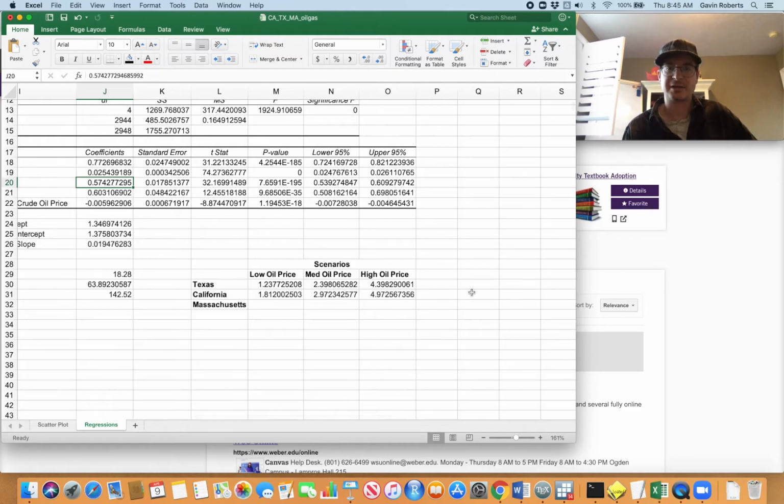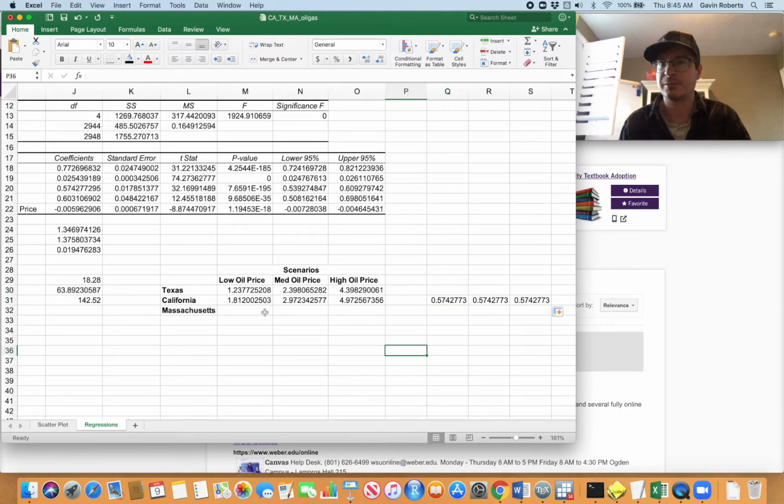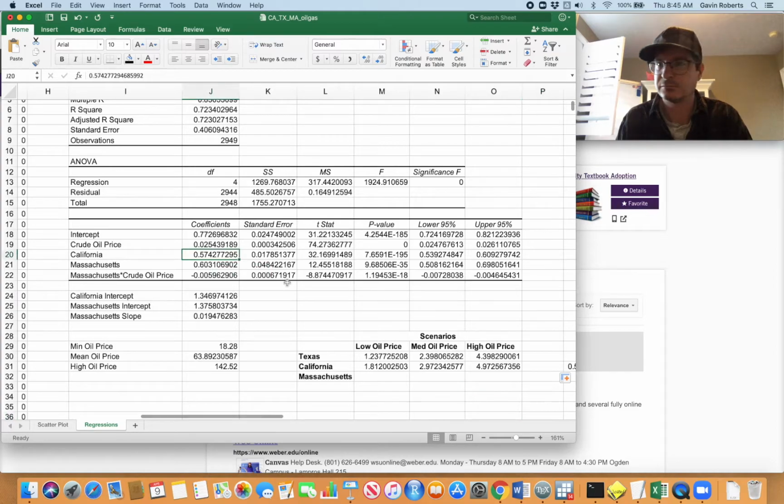And in fact, I think if we did equals this minus this, oh, what number did we get? And if we just go over 3, in all cases, these California prices are all just shifted up by what they should be shifted up by. Because that shows we're just shifting up the California line.